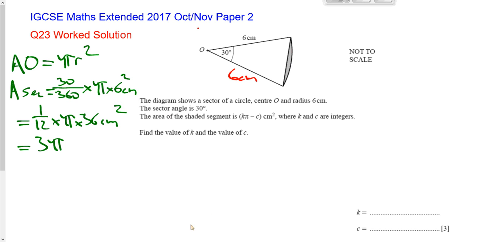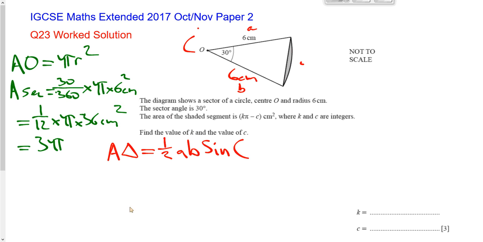So the area of a triangle using the sine rule is half multiplied by a multiplied by b multiplied by the sine of C. If I remember how to label my triangle, I can call this lowercase a, this lowercase b, and this angle C up here. So I can substitute these values in.